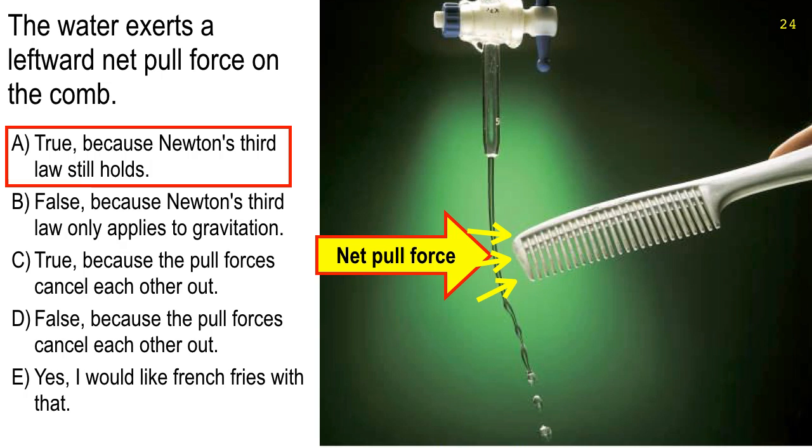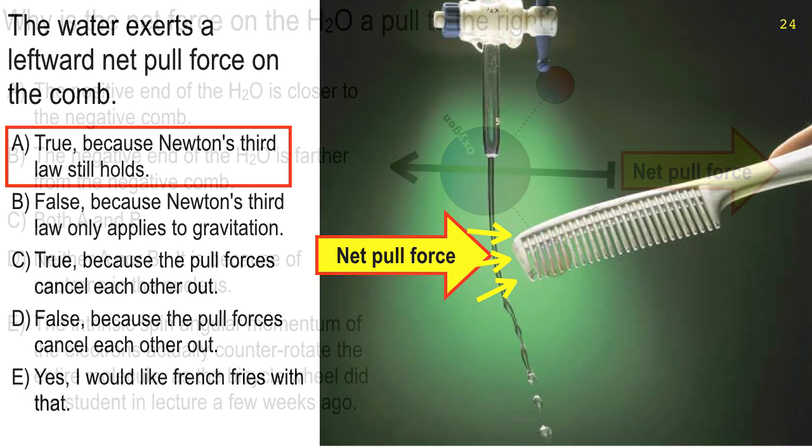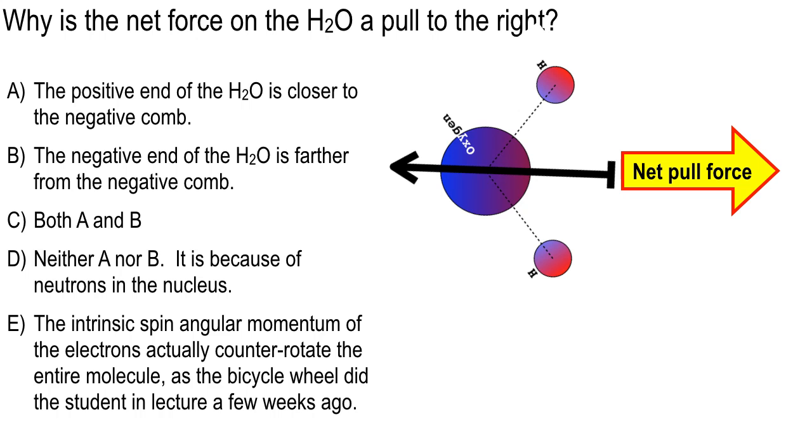Now let me ask you another one. Clicker question number 2. Why is the net force a pull to the right? Now this one I want you to think carefully and answer the one that seems best to you.